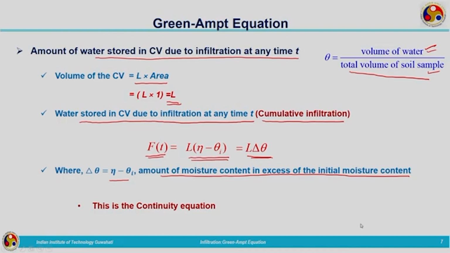This is very simple. We have considered a control volume with a cylindrical area and depth L, and we have calculated the volume of the control volume. If the total volume of the control volume is known, that total volume multiplied by the moisture content gives you the total quantity of water stored.